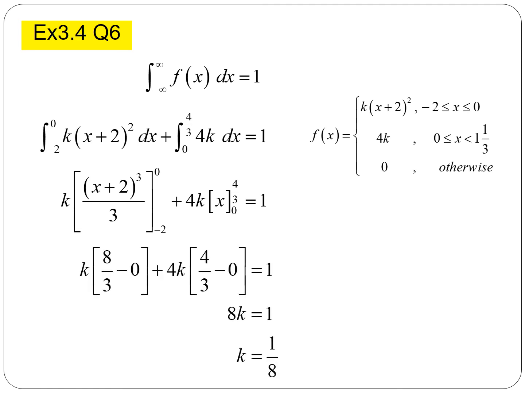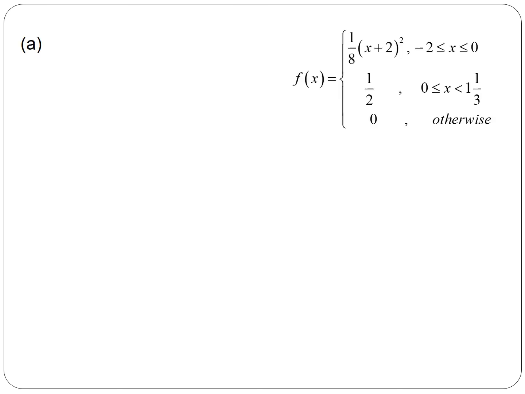Your k is 1 over 8. So once you find the value of k, now we do part A, finding the probability of x between -1 and 1. So substitute k as 1 over 8 in your function.